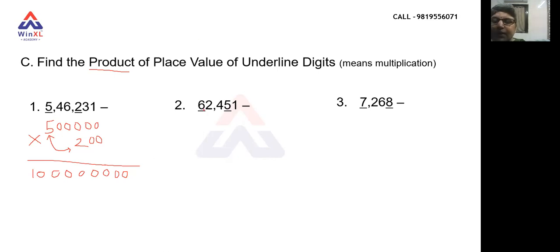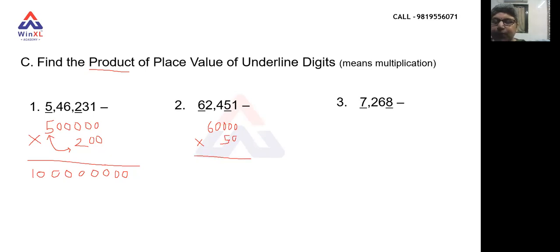So it is at 10,000 place. So we put 4 zeros in front of 6. Multiplied by 50.